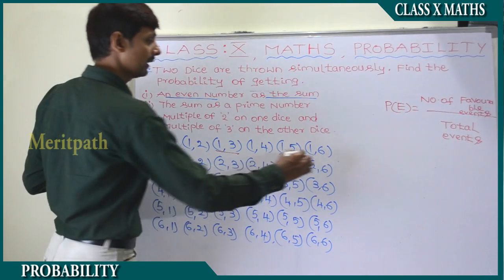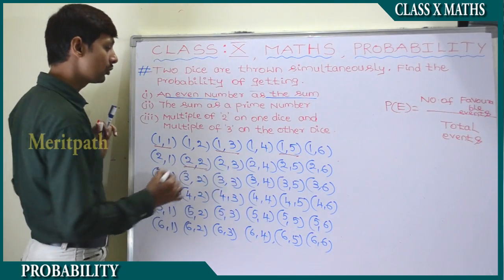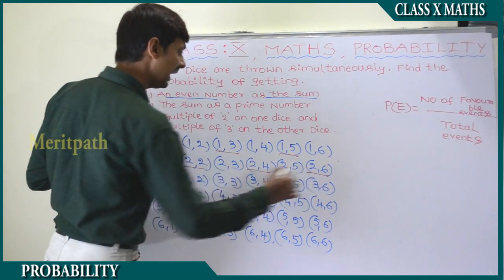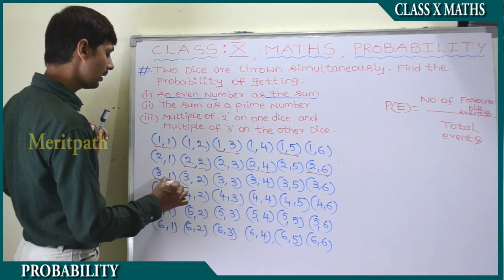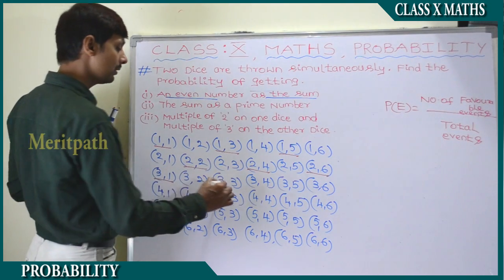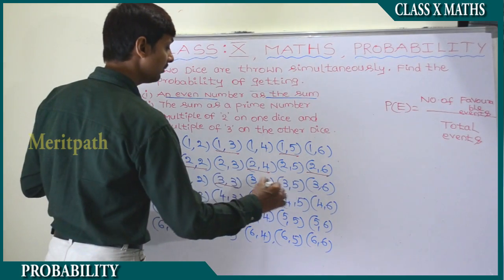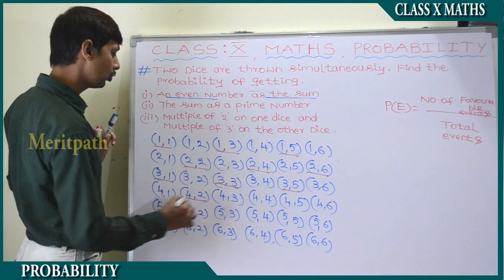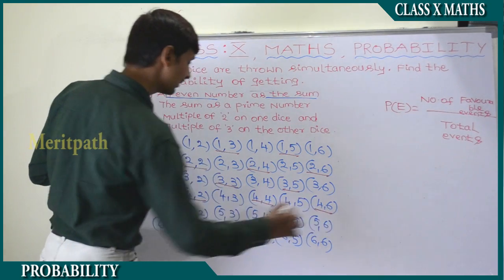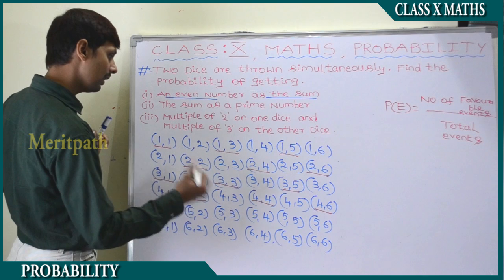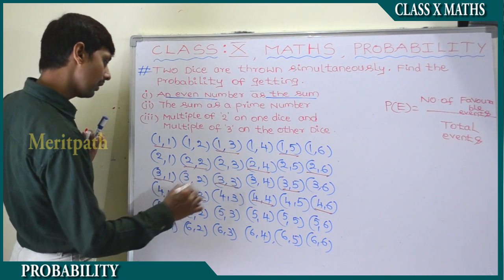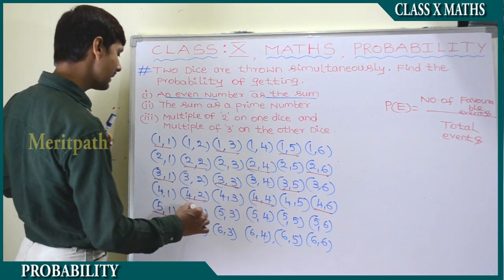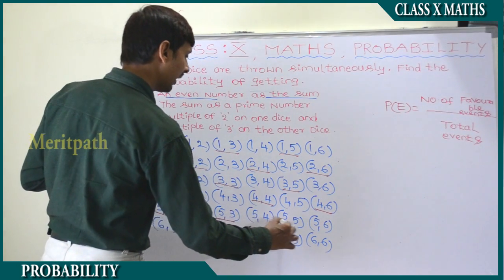1 plus 5 is 6, even, and 2 plus 2 is even. 2 comma 4, 2 plus 4 is 6, even. 8 is even, and 3 comma 1 is even, and 3 comma 3 is even, and 3 comma 5 is even, and 4 comma 2, 4 comma 4, 4 comma 6, and then 5 comma 1, 5 comma 3, 5 comma 5.